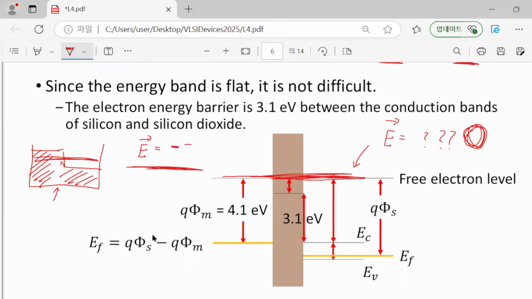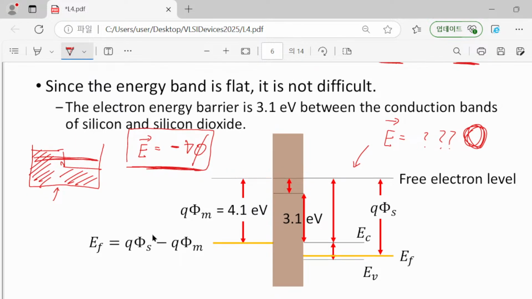So electric field is given by this form: take the gradient of the electrostatic potential and multiply by a minus sign. This is the expression for electric field, and now we have just a flat band. So taking the gradient will give us a vanishing value. So we have no electric field at all.